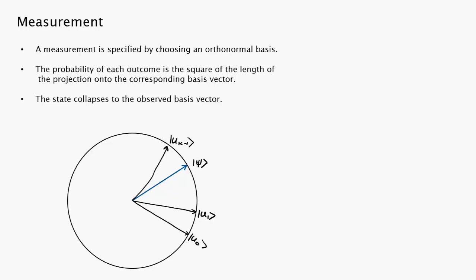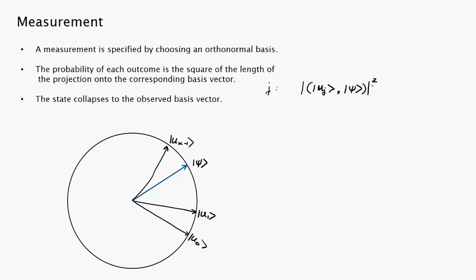Now suppose we want to know what's the chance that the result of the measurement is j. For example, j equal to 1. Well, the answer is it's the square of the magnitude of the inner product between u sub j and psi.